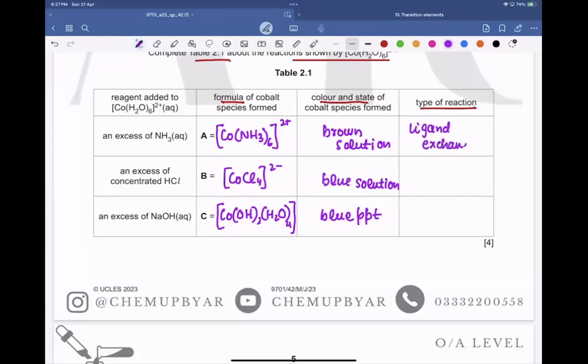The same goes with the second reaction with the hydrochloric acid, as no precipitate will form. It's only a solution, only the color is changed. So we say this reaction is also a ligand exchange reaction. Now, the third one, where we are observing the precipitate, so we will write over here precipitation. The type of reaction is precipitation. Is this clear to all of you? If any one of you has any query, any question regarding this, please ask.